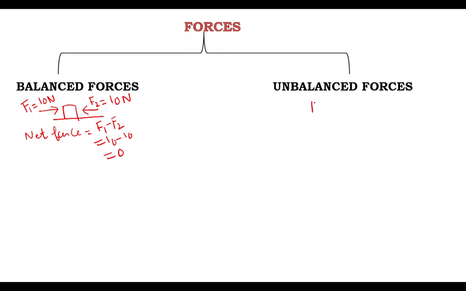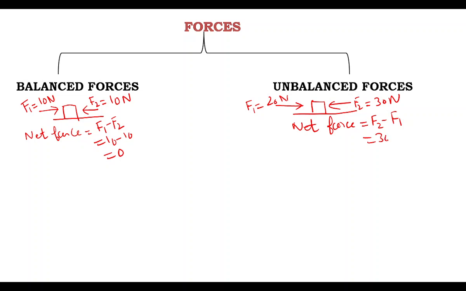On the other hand, if I am talking about unbalanced forces, the box is here, I am applying here a force of 20 Newton. Now here we have F1, 20 Newton, and here I am applying F2, that is 30 Newton. Now what will be the net force? If I want to calculate the net force, then what will I do? F2 minus F1. So it will become 30 minus 20, that is 10 Newton.